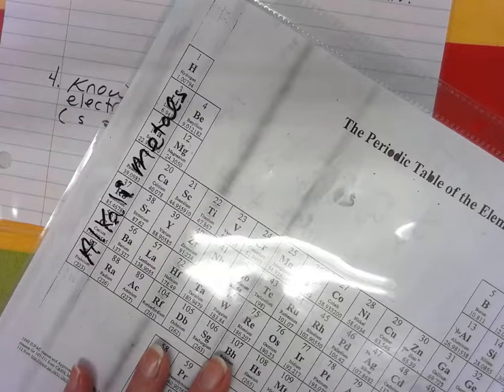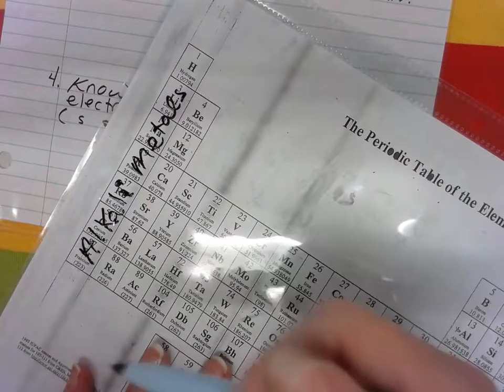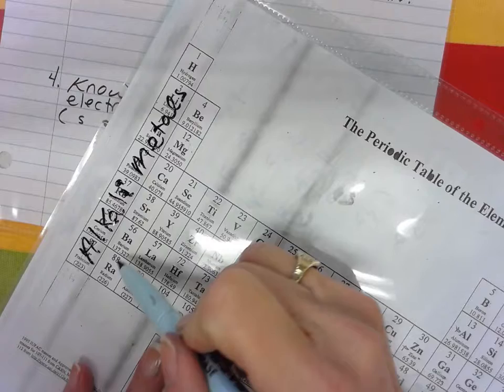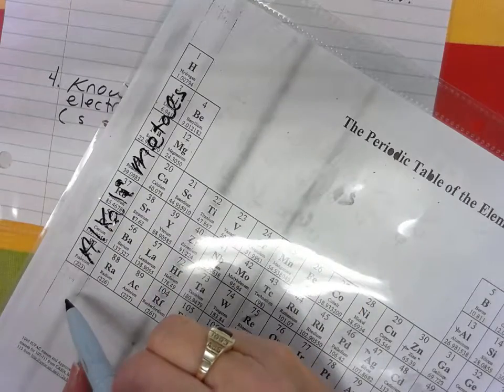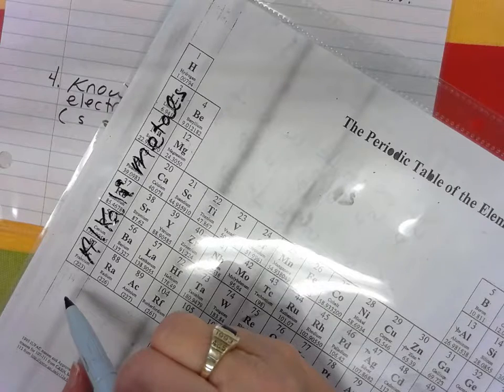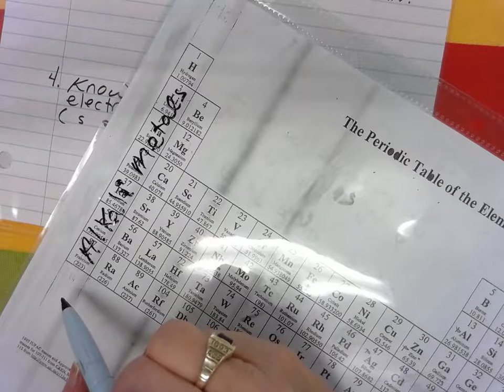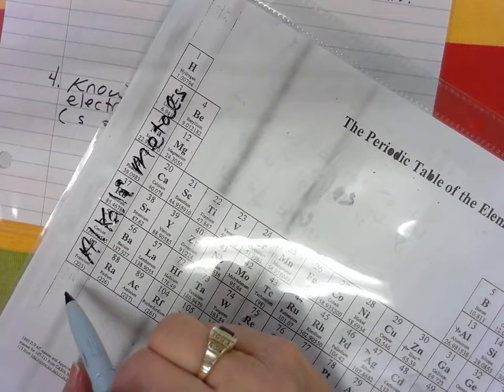You'll see that lithium, sodium, potassium are used in the ion exchange with your nerves in the human body. They are the most reactive metals. They will not be found in nature sitting by themselves. They are reacted with something.